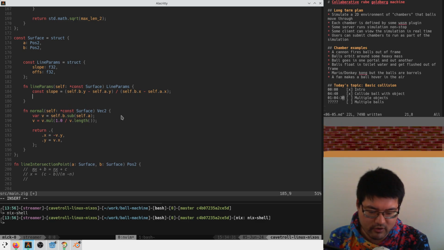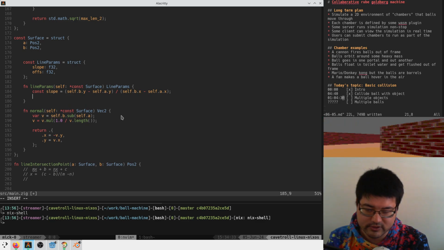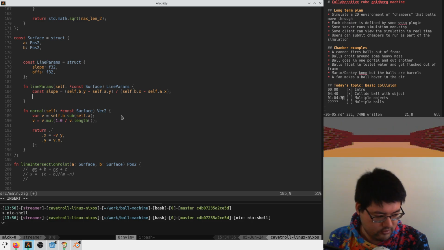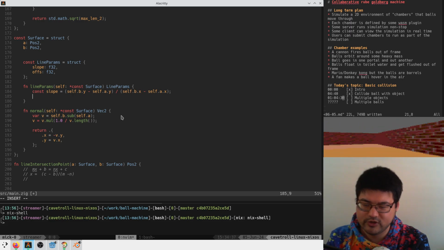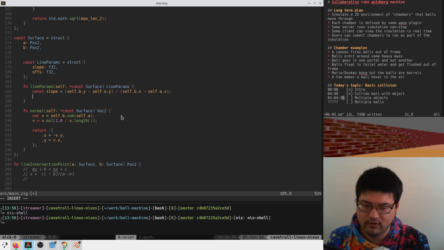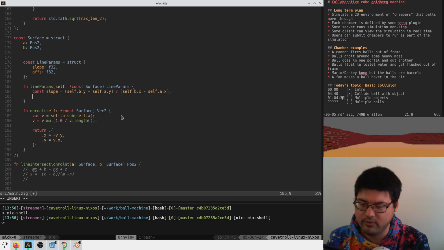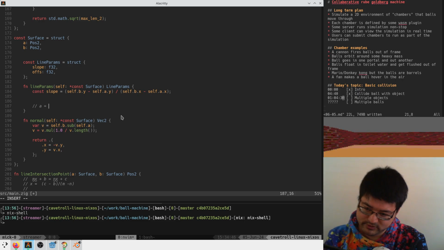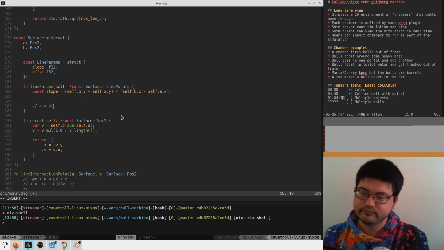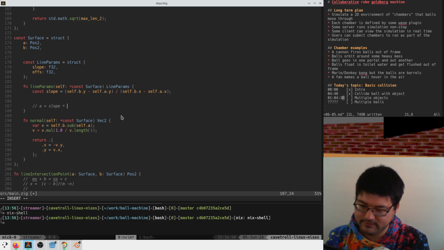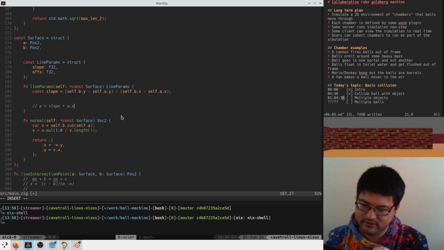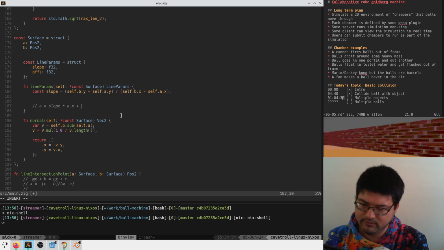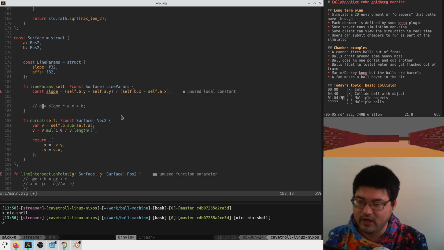It's just wherever x equals 0. So the point at a is equal to slope times a dot x plus b. A dot y is this.